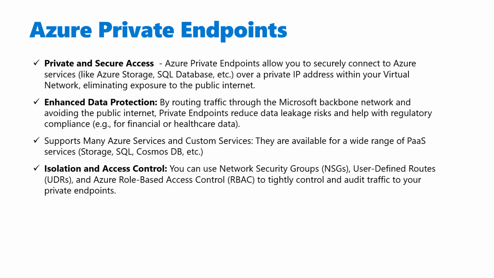So if you don't want your SQL database to be exposed via public endpoint, then definitely you should use private endpoints to secure it, so that it only has a private IP address and not a public IP address.